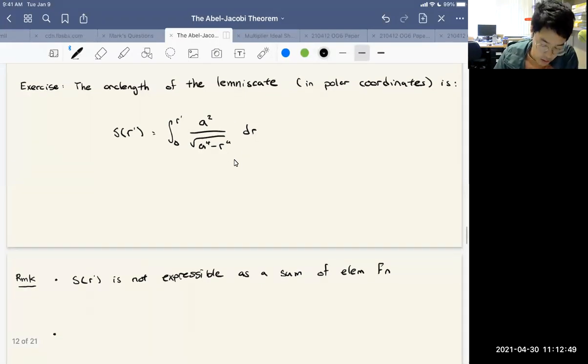And the second remark I wanted to make is that this S of r prime has a name, and it's a type of elliptic integral. So what does this mean?